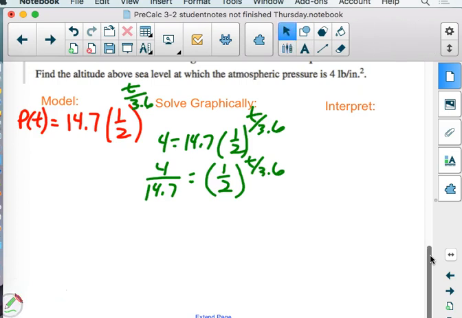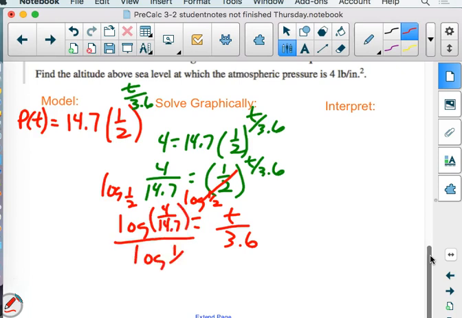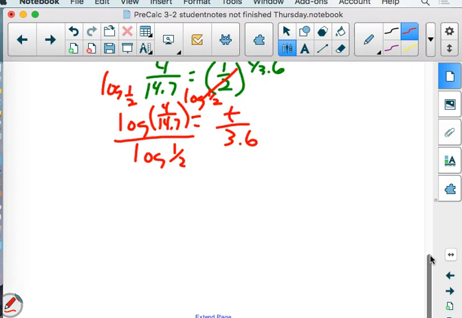Yep, log 1/2. Got to get rid of that 1/2 to gain access to the base. We don't punch in until the end, so we're going to have the logarithm of 4 divided by 14.7 over the logarithm of 1/2. And then what are we going to have to do? Multiply by 3.6.